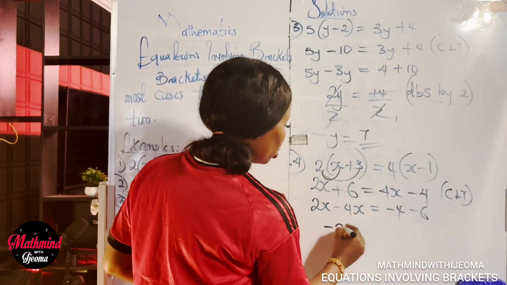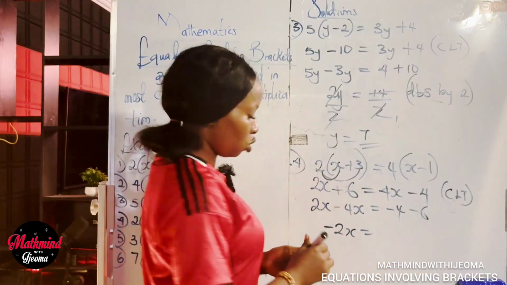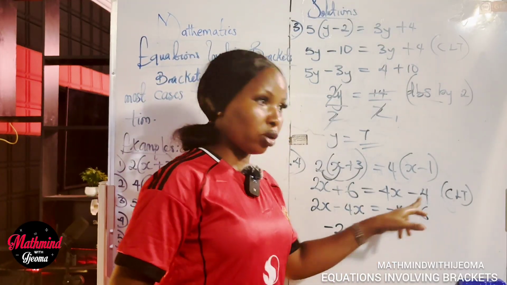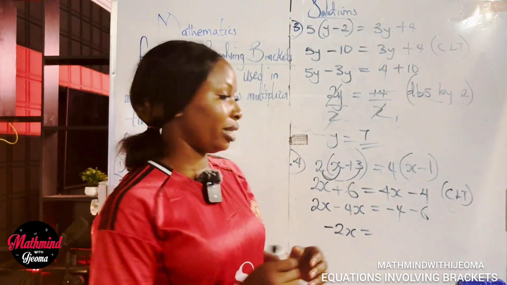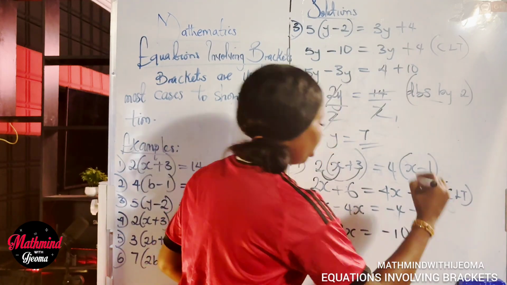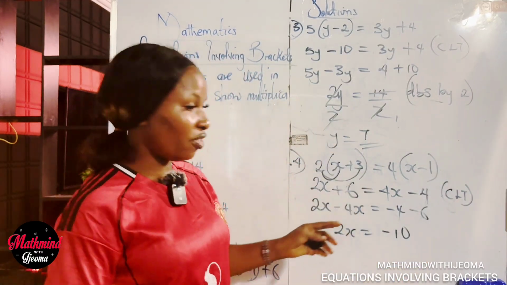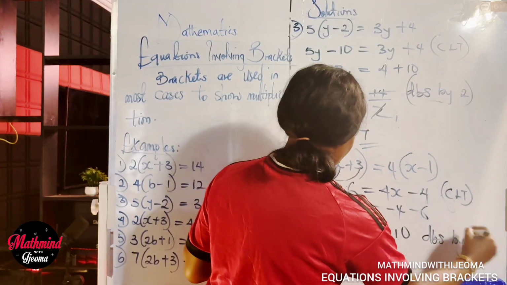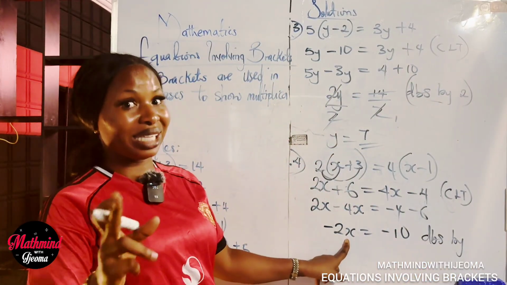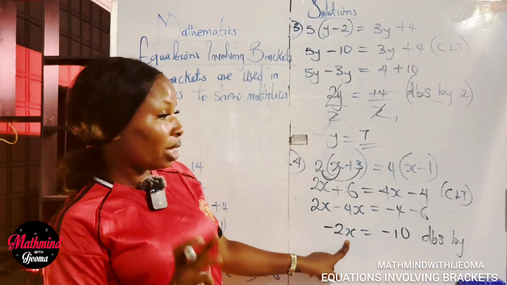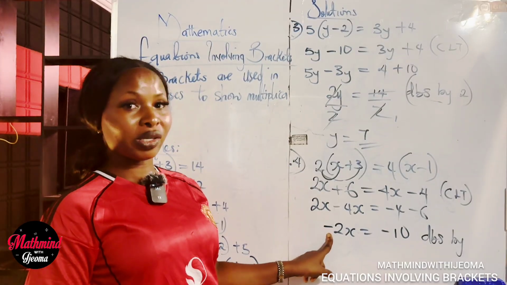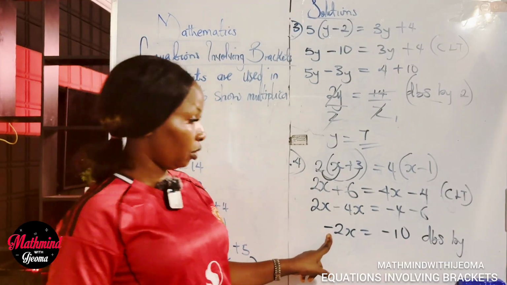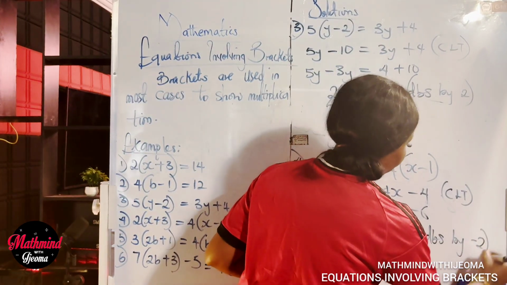So we have minus 2x is equal to, you are owing 4 and you are owing 6. Altogether, you are owing 10, minus 10. What do you do? Divide both sides by the coefficient of x, which here is no longer 2, it is minus 2 because the 2 is negative and not positive. So we have minus 2.